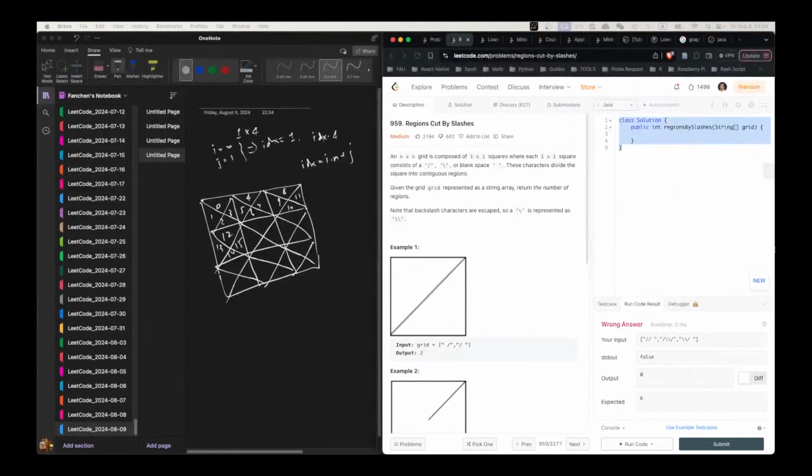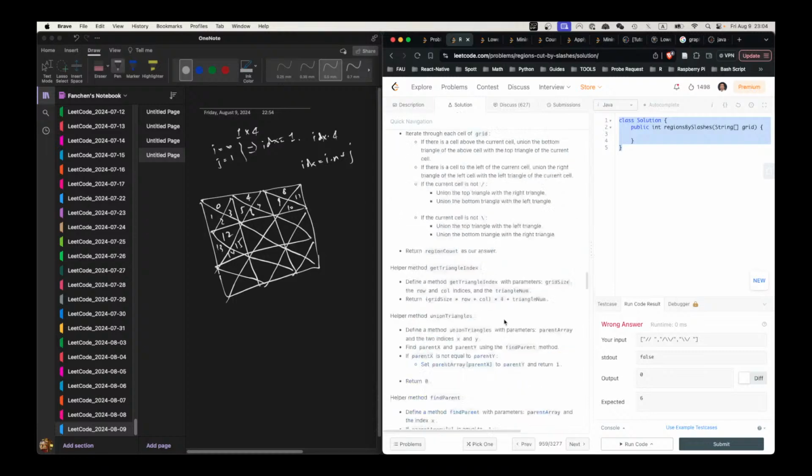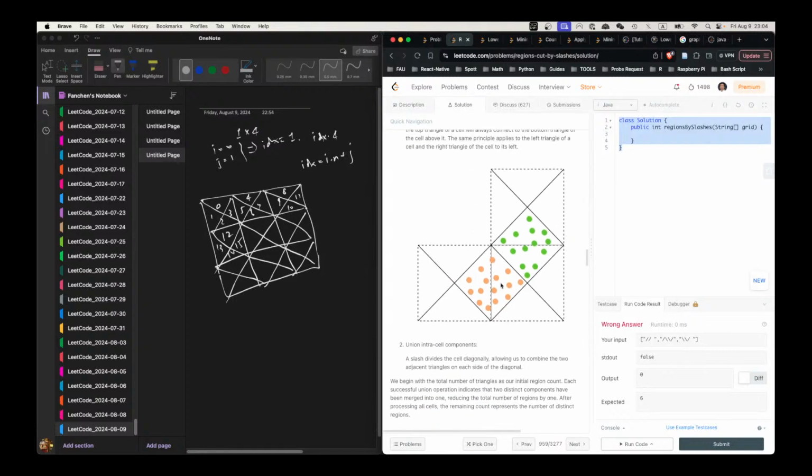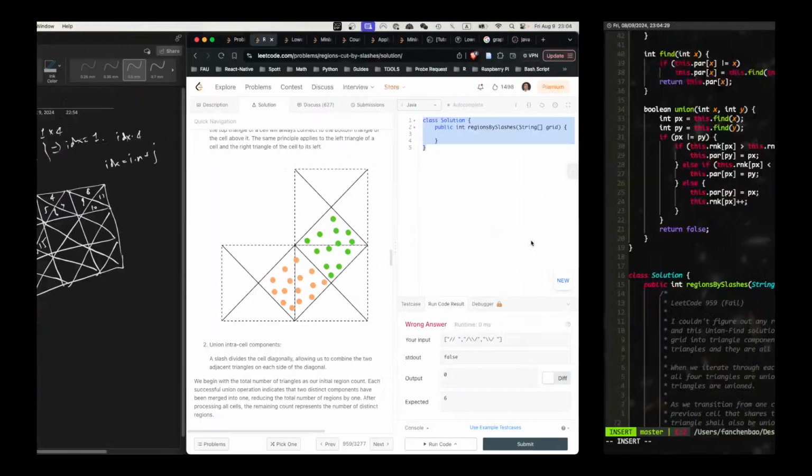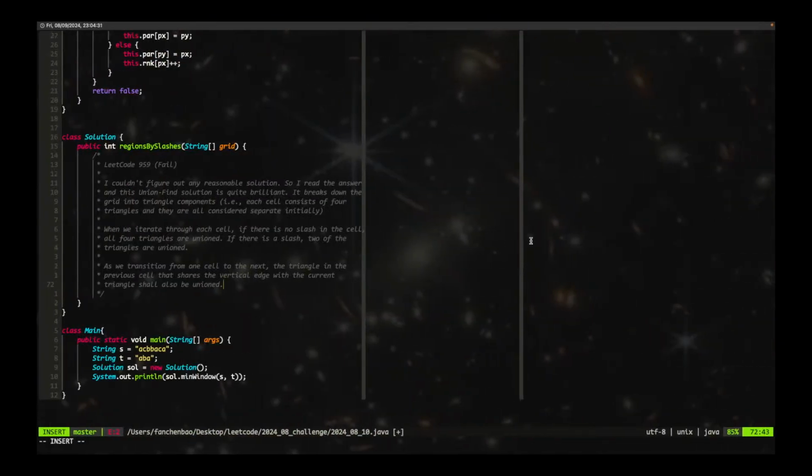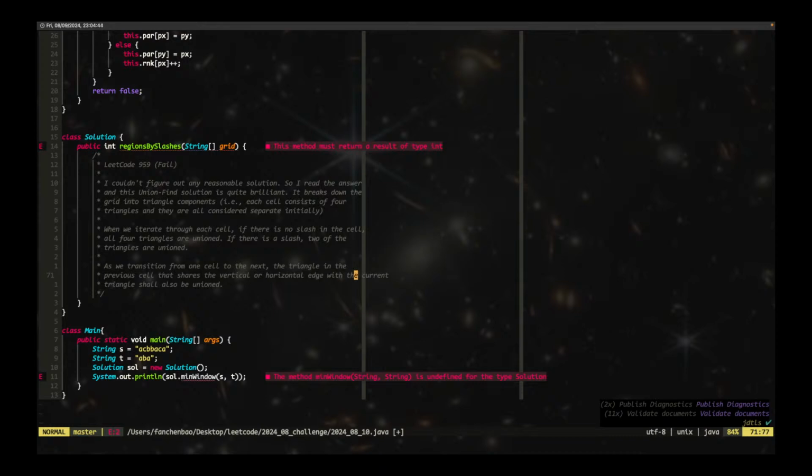I think this is what they're talking about. These two need to be shared. Oh, and vertically, my bad. Yep, in the previous cell that shares a vertical or horizontal edge. Yeah, I forgot the horizontal.